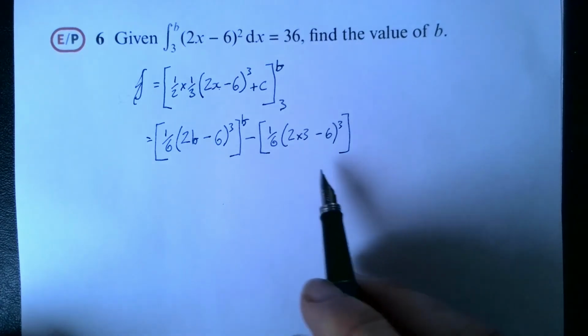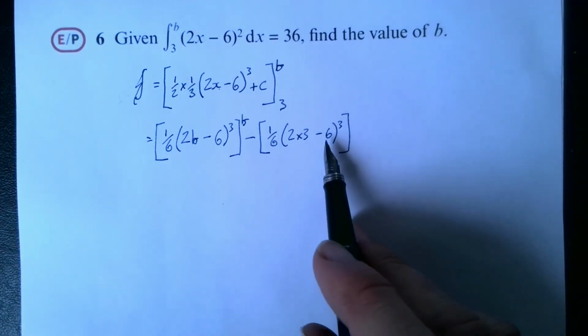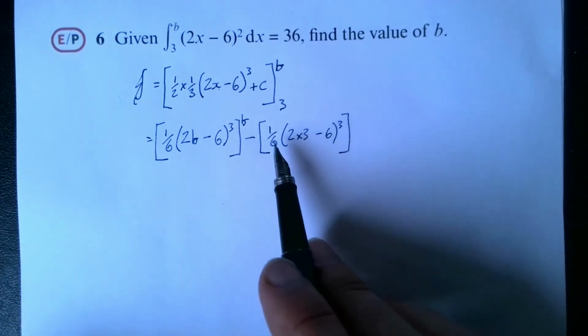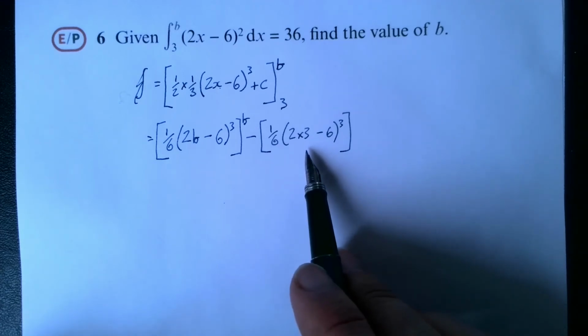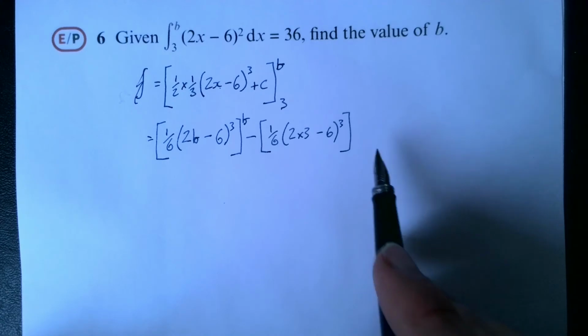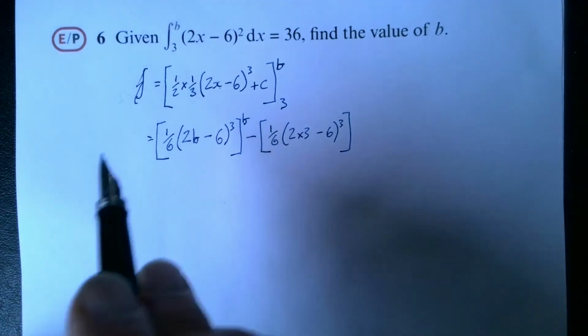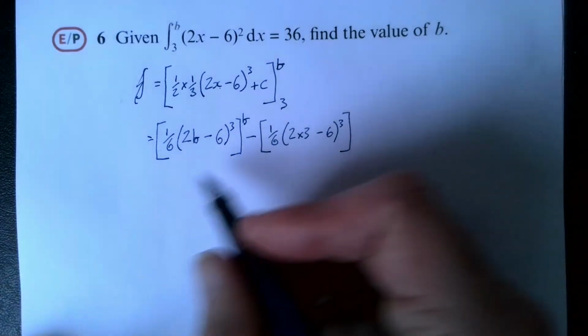Oh, and that's rather nice, isn't it? Because 6 take 6 is 0, so all this is going to become nothing. So we're going to be taking nothing plus c away, which means we don't have that c, and we've basically got nothing to worry about there.